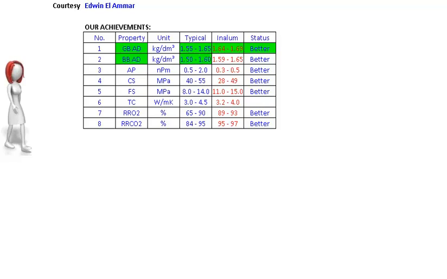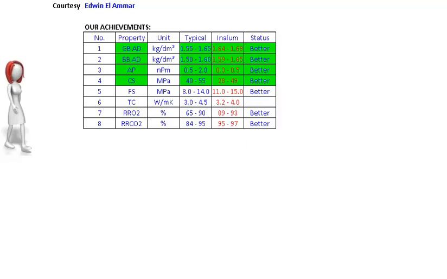Inalum 1.59, 1.65. Status better. 3. AP. Typical 0.5, 2.0. Inalum 0.3, 0.5. Status better. 4. CS. Typical 40, 55. Inalum 28, 49. Status better.